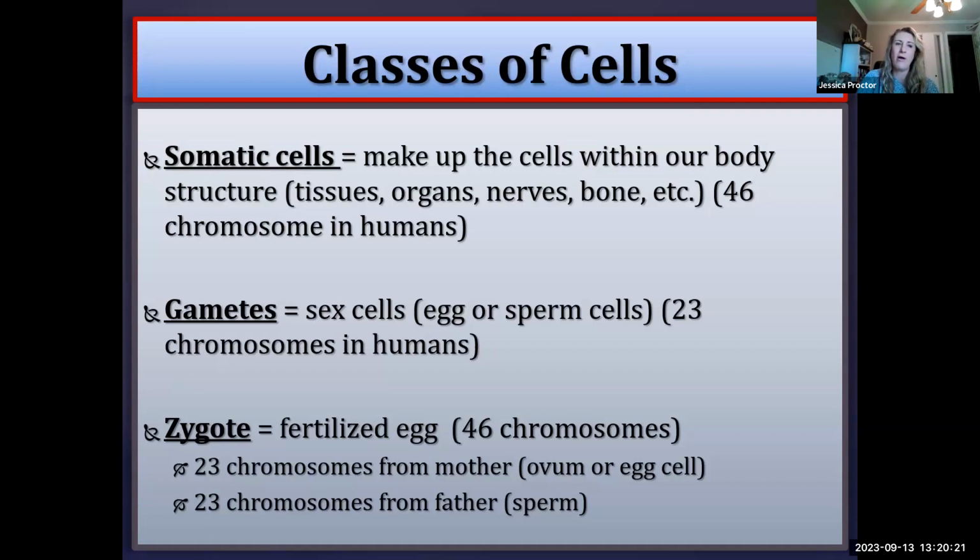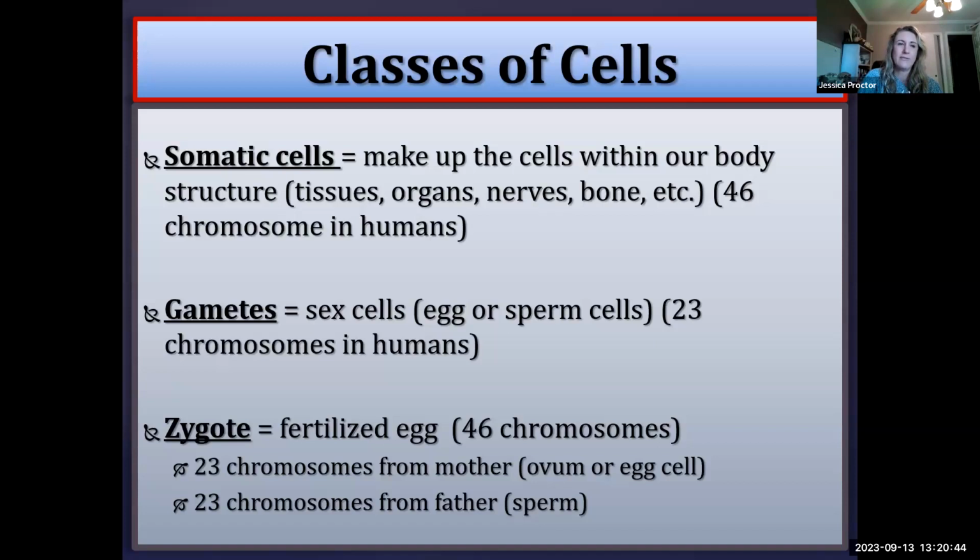But in general, we all are 50% mom, 50% dad, genetically speaking. So 23 of our chromosomes are obtained from our mother's ovum or egg cell, and the other 23 chromosomes are obtained from our father's sperm cell. The combination of that will make up our genome and eventually our genotype, which we'll learn about today as well.